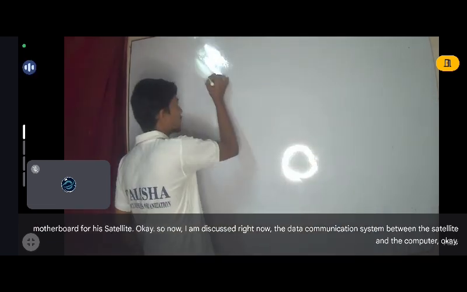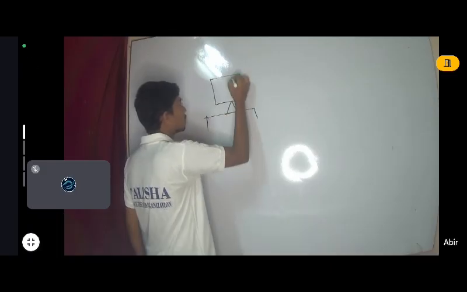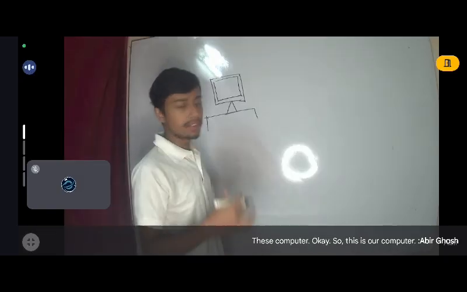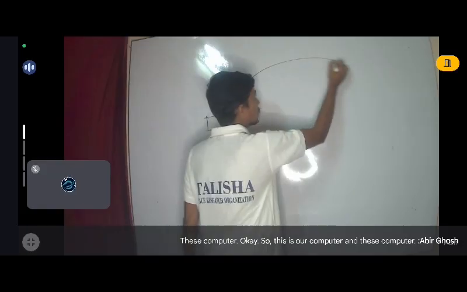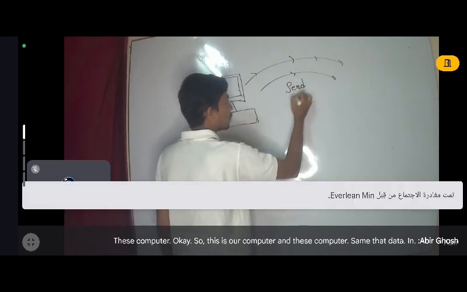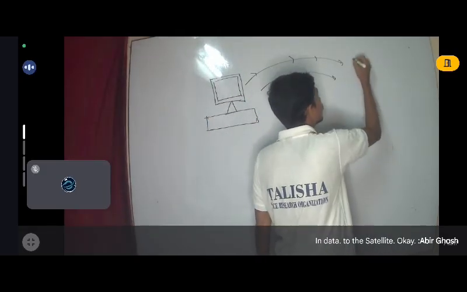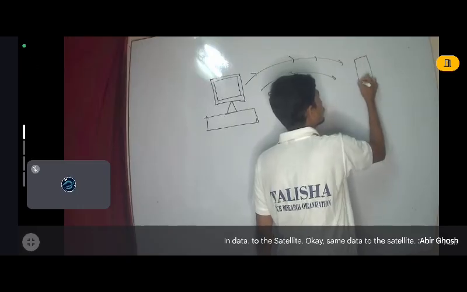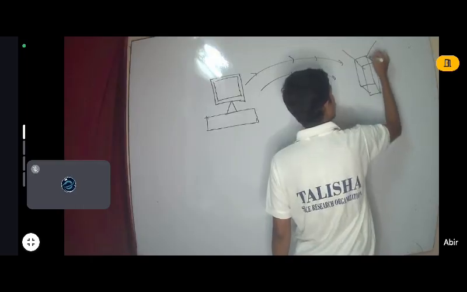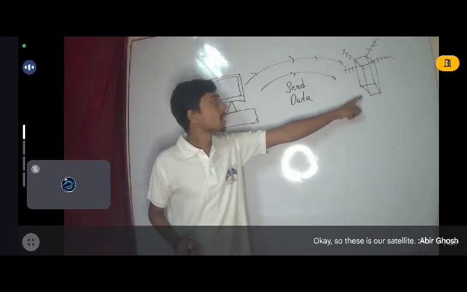As an example, this is our computer, and this computer sends data to the satellite. So this is our satellite and this is our computer.